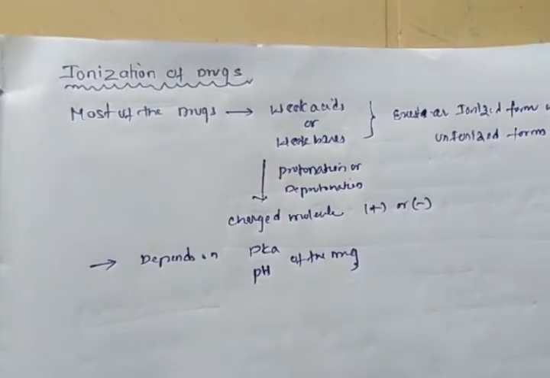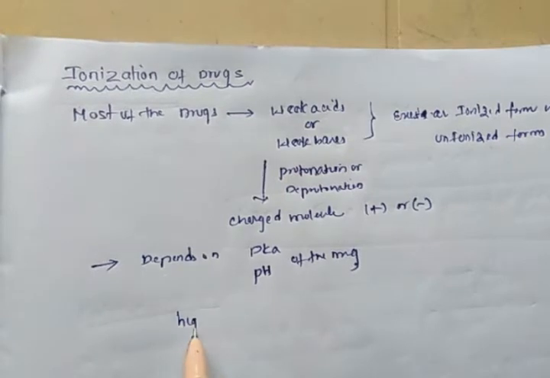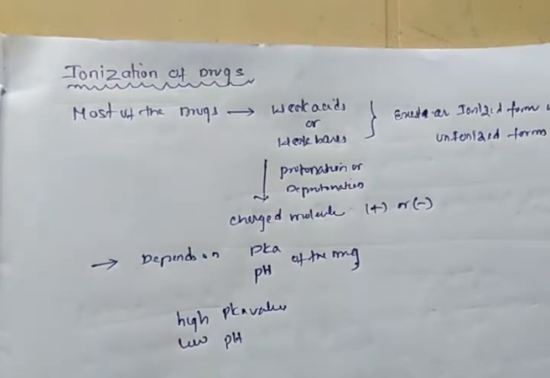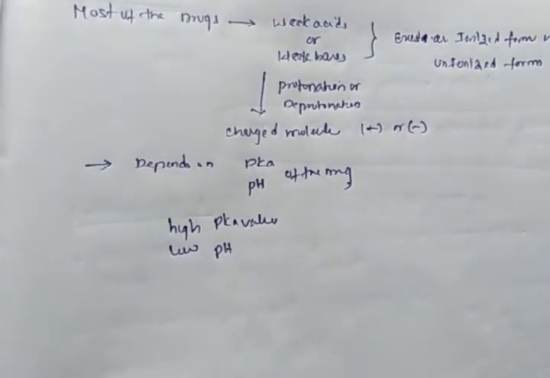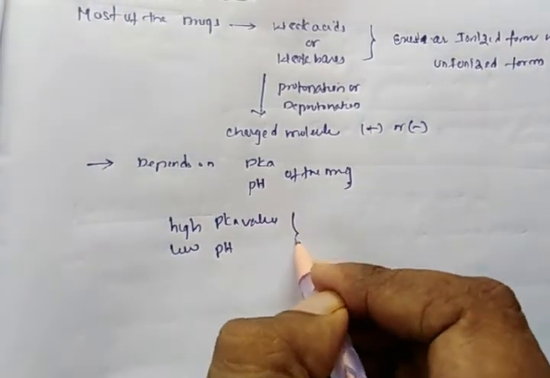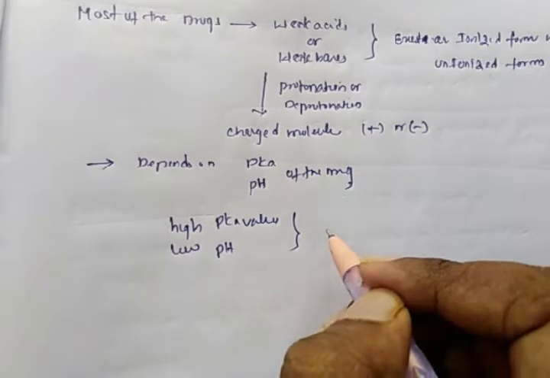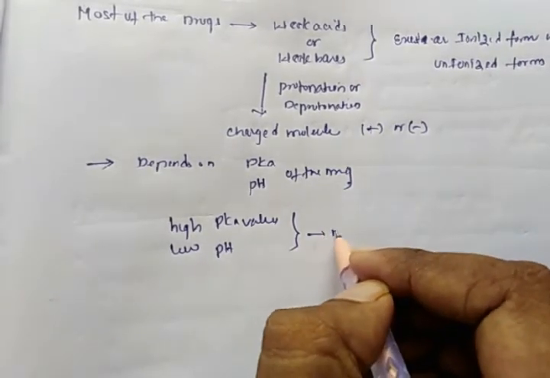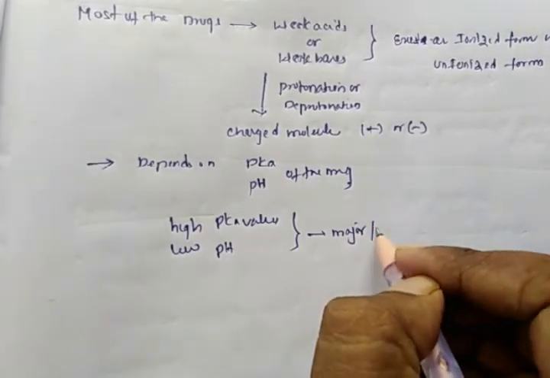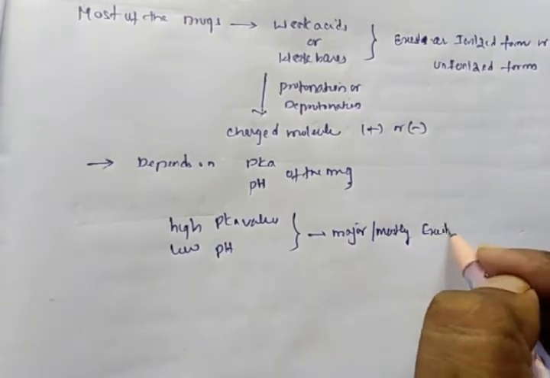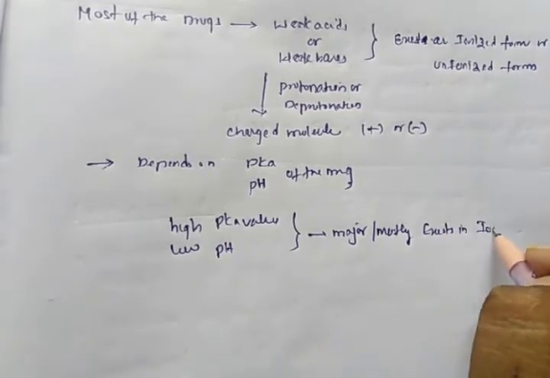A drug having a high pKa value and low pH value majorly exists in protonated form. They will mostly exist in ionized form.